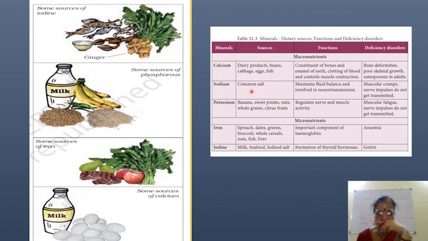மெயினா சோடியமும் பொட்டாசியமும் is needed for maintaining fluid balance and involved in nerve transmission. Nervous system control க்கு sodium ரொம்ப important.